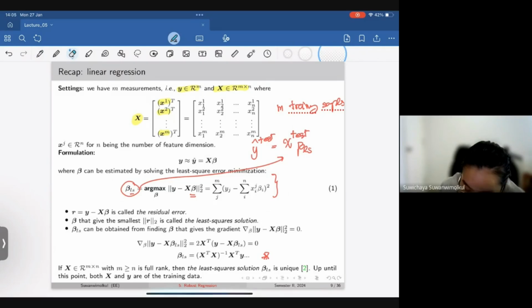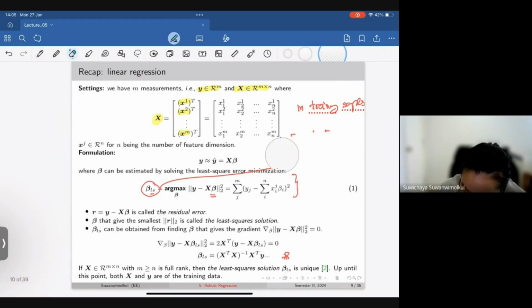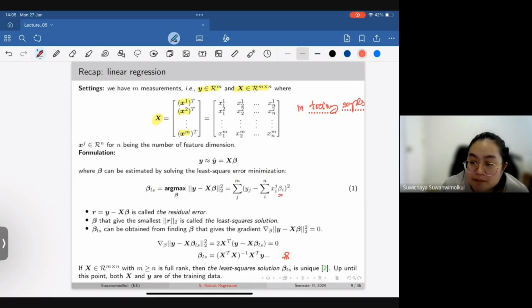Just to recap a little, one can solve for this beta by taking the gradients and doing the matrix inversion, and then we get the least square solution like this, where we perform a pseudo inverse, multiply with x and multiply with the measurements y.